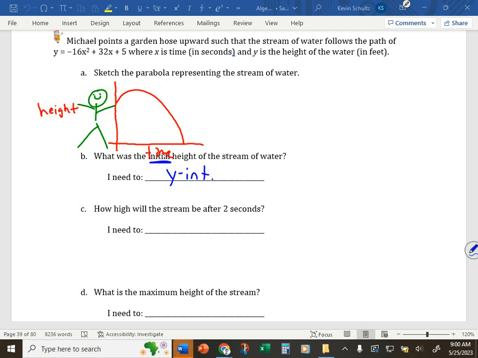We talked about that word initial being where things start, and now that we can see this in context, it makes sense. When he's holding the hose, x is 0, right? Time hasn't started yet. When water first flows out, it's going to be at 5 feet in the air. How do we know that? The y-intercept, that plus 5.